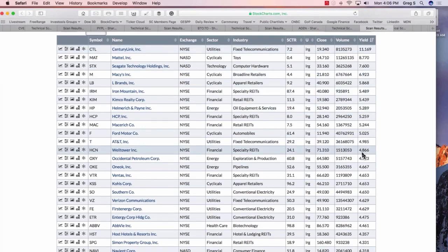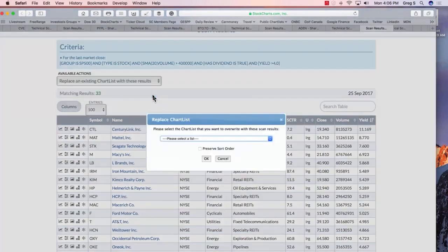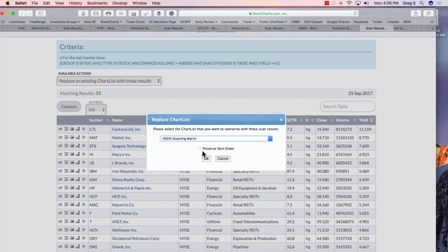But as I mentioned earlier, if I save this, so available actions, and I'm going to go replace an existing chart list with these results, and I'm going to go pick one of my scans. Let's put it in my scanning Martin file, and I want to preserve the sort order. So it's going to take this order with CenturyLink first, and Mattel next, and Seagate and Macy's and L Brands, and keep them in this order by putting numbers in front of the title.